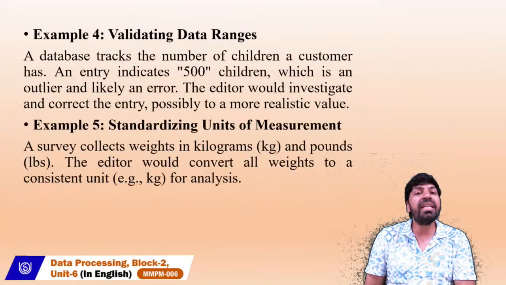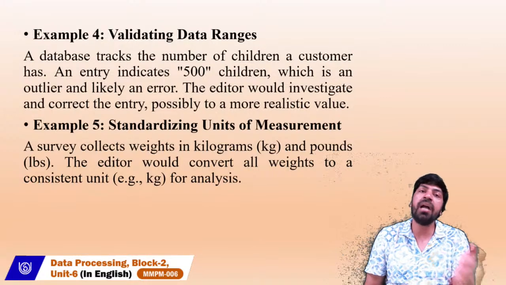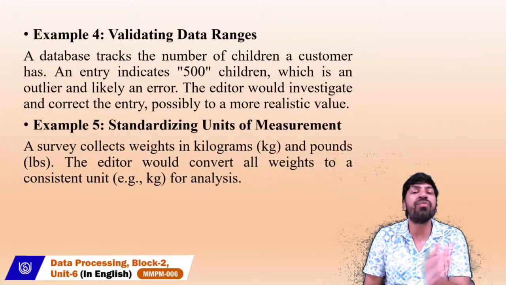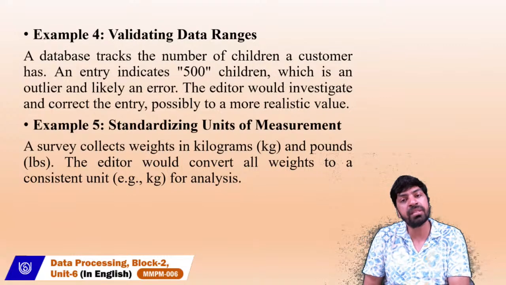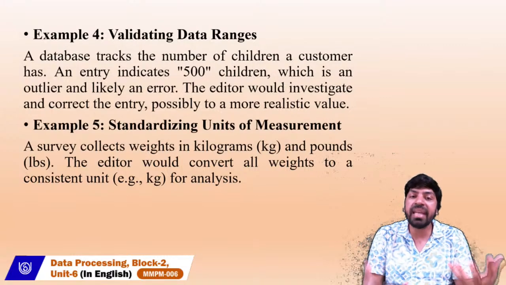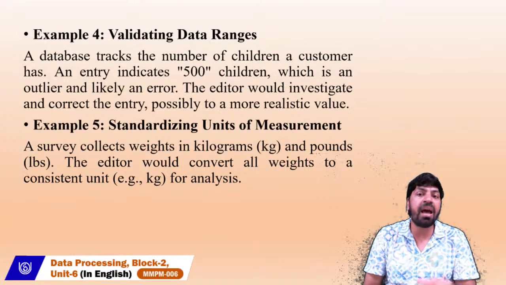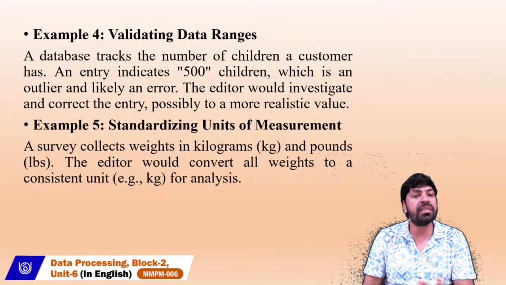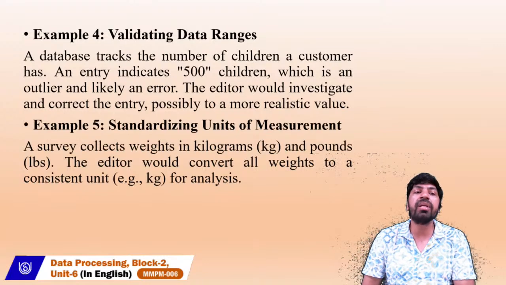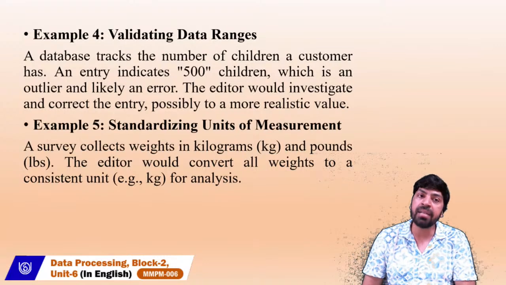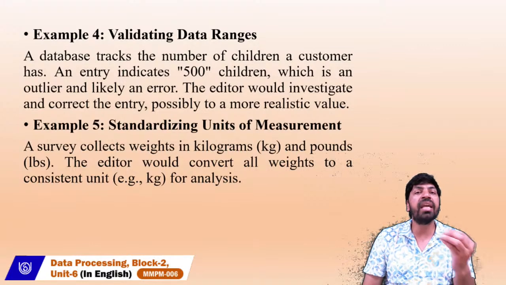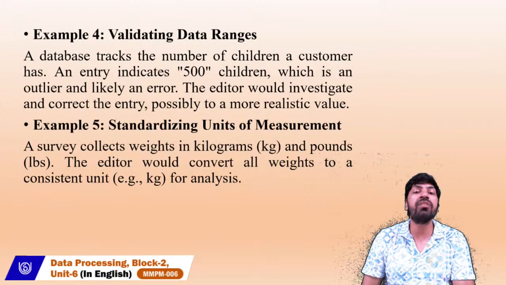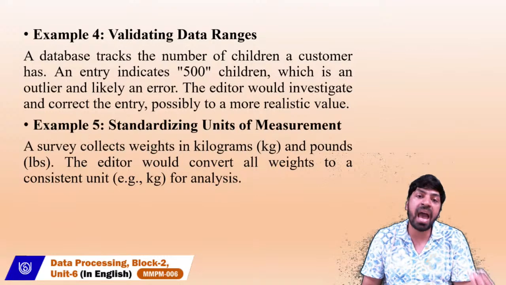Next one is validating data ranges. The data ranges could be 100 to 200, 200 to 500, or 500 to 600, or any of the variables containing any number. That is called validating data ranges. For example, a database tracks the number of children a customer has. If any entry indicates 500 children, that is definitely an error.